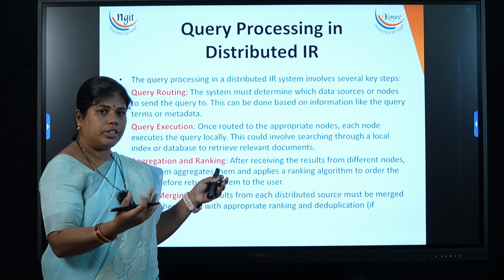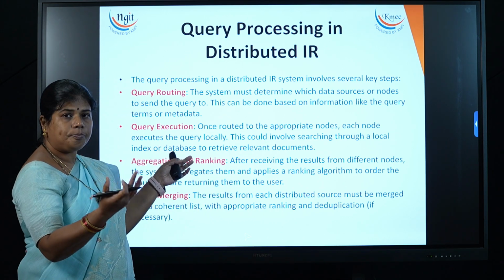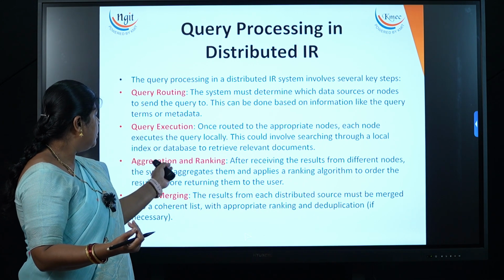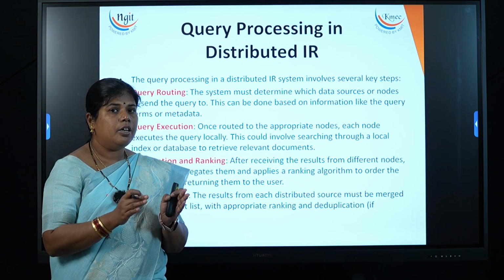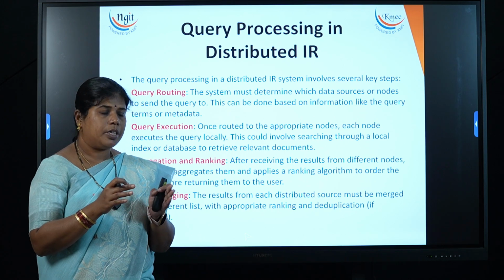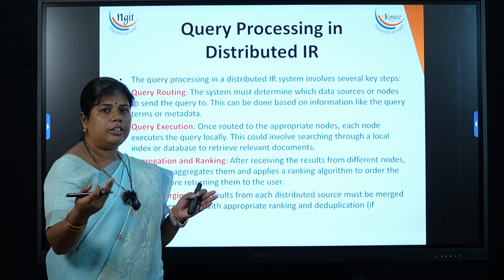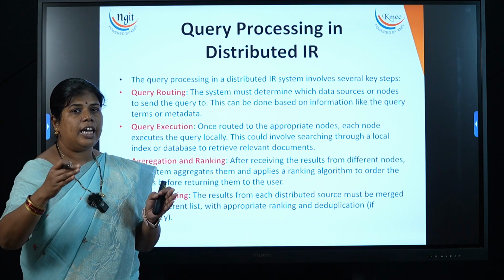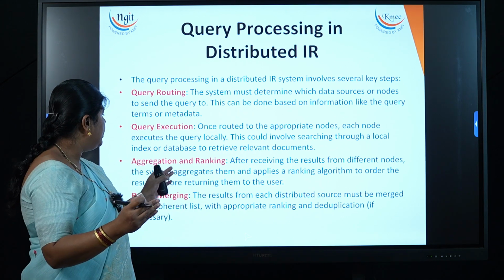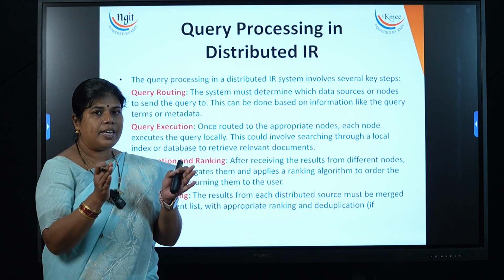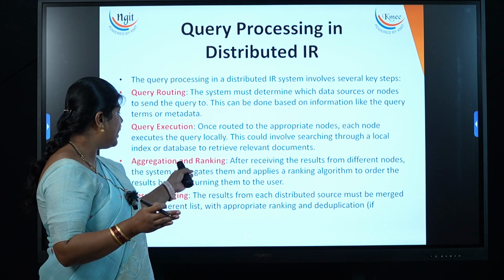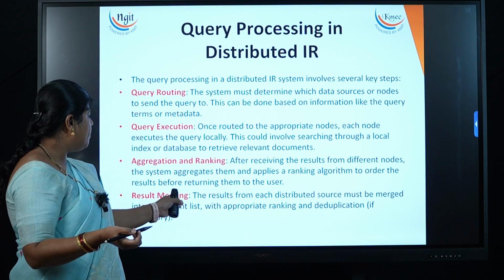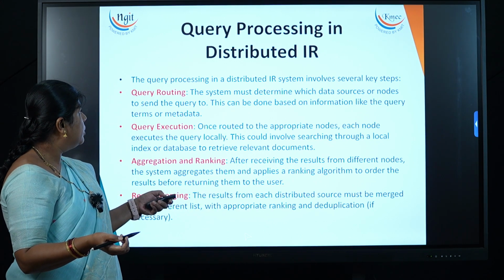From that partition, whatever related documents exist should be retrieved. Sometimes your query does not use only one shard; it has to take help of multiple shards. In that case, you have to aggregate the results and rank them, and finally the results are merged.